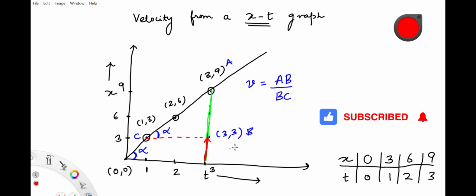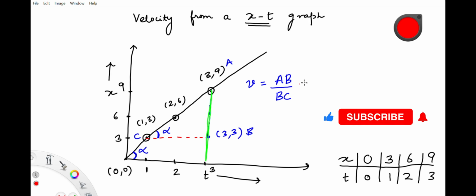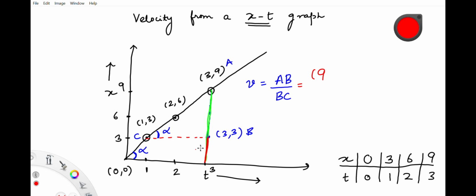So the length of this green line is 9 units, right? So AB over here becomes 9, and I have to subtract this red line from this green line, and this red line is equal to 3 units. So 9 minus 3, that is AB, and I divide this by BC.